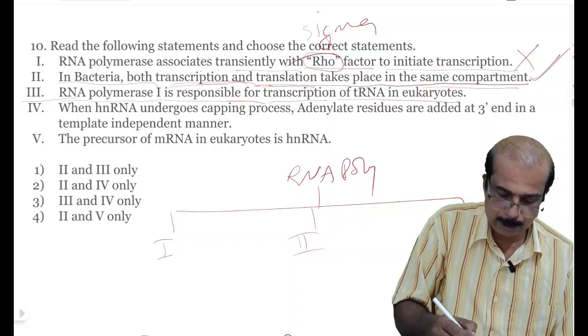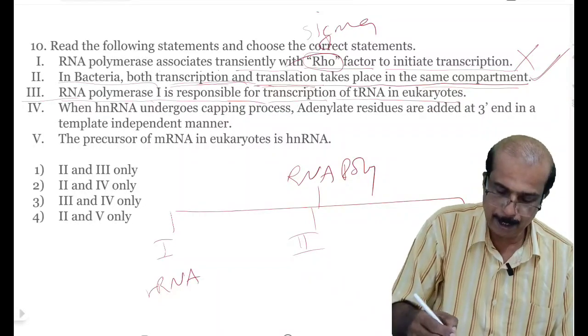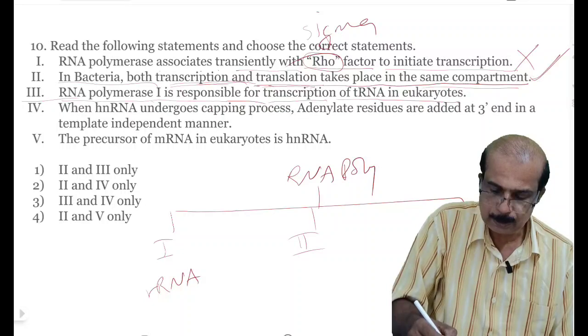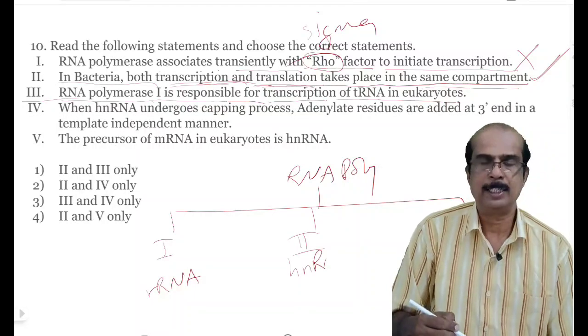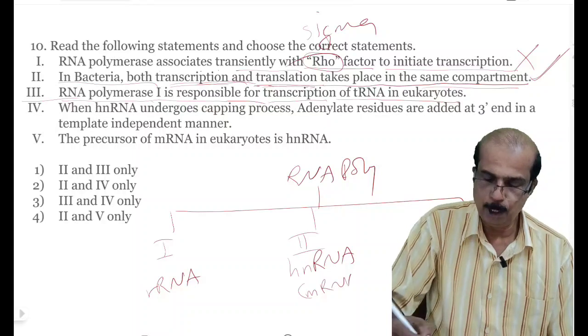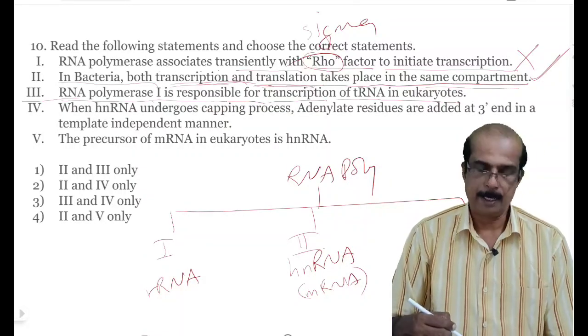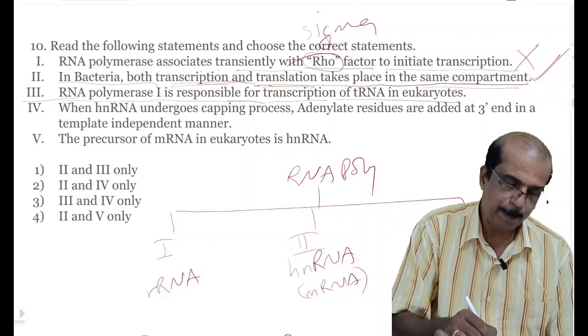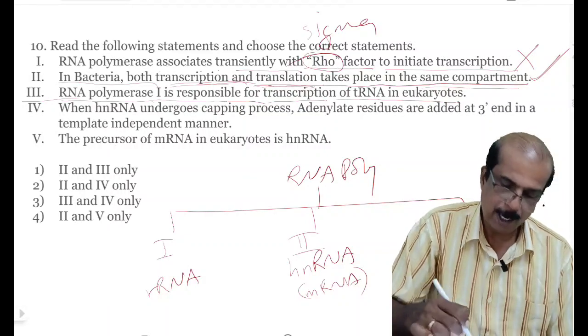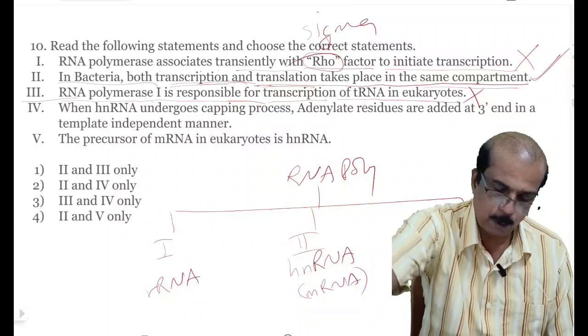RNA polymerase 1 is responsible for the synthesis of ribosomal RNA. Polymerase 2 synthesizes hnRNA, the precursor of mRNA, and polymerase 3 mainly synthesizes tRNA. So RNA polymerase 1 synthesizes rRNA, not tRNA. This is a wrong one.